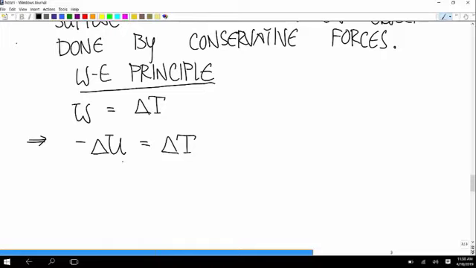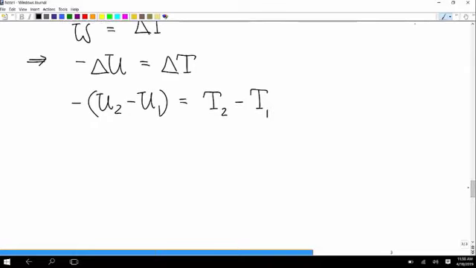And so you can think of that as negative U at instant 2 minus U at instant 1, and you can think of this as the kinetic energy at instant 2 minus the kinetic energy at instant 1. And then rearrange it, and you get conservation of mechanical energy.